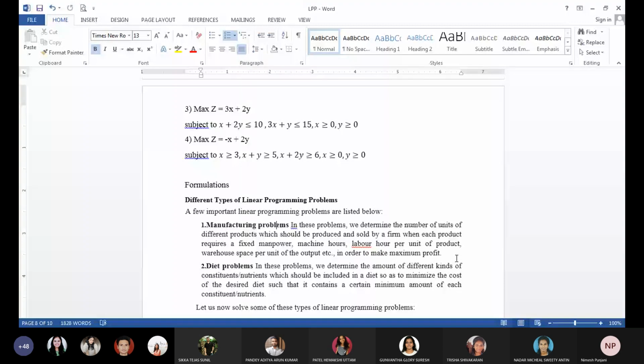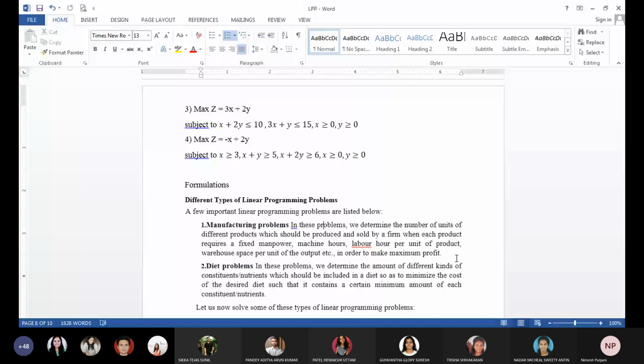In this problem, we determine the number of units of different products which should be manufactured and sold by a firm when each product requires fixed manpower, machine hours, labor hours per unit of a product, warehouse space per unit of the output, etc. in order to make the maximum profit. So this manufacturing problem is similar to the one which we had considered yesterday.